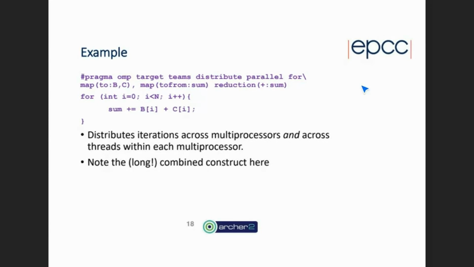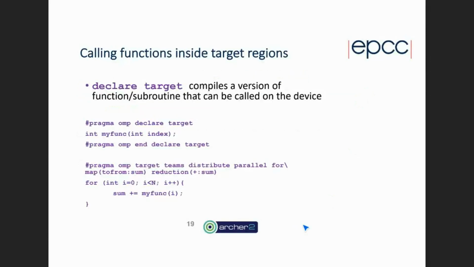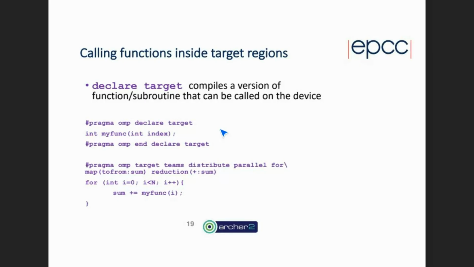So it's a bit of a mouthful, a bit of a long bit of typing to get everything. Also, if you're going to call functions inside target regions, then you have to mark those up with declare target, so that the compiler will compile a version of those for the device for you.